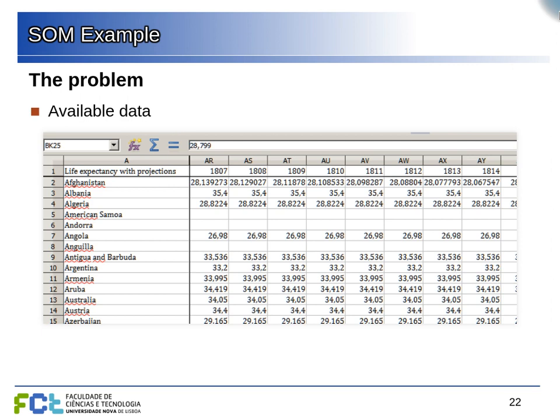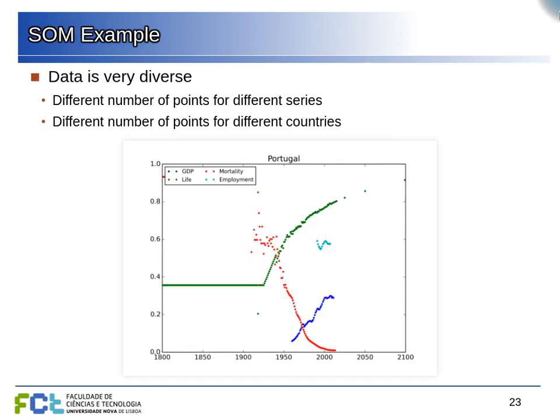We have lots of values for the different countries, but we don't have values for every year for every country, so there are missing values here, and we don't know how many values we have for each country. And we are using these 4 indicators. So you see, the first problem here is that basically we have something like this. For example, for Portugal, we have estimated life expectancy here, then measured values here.